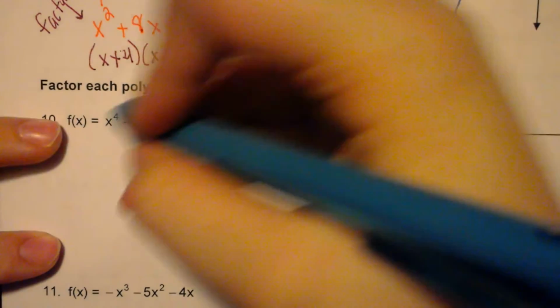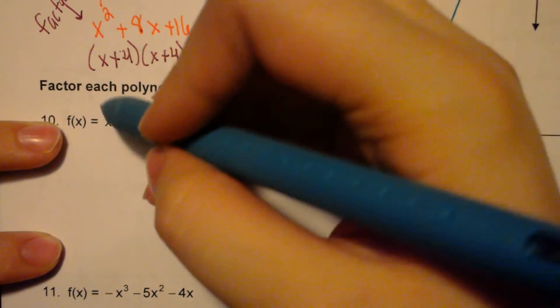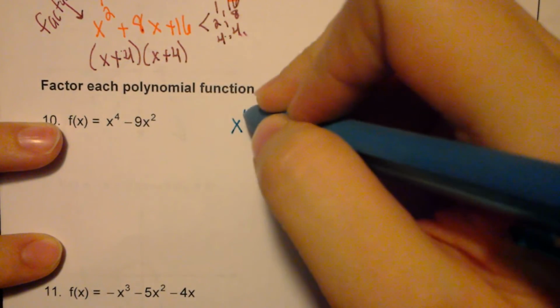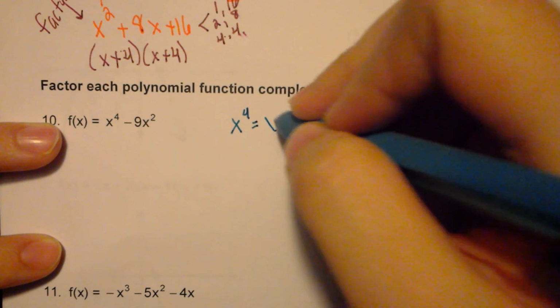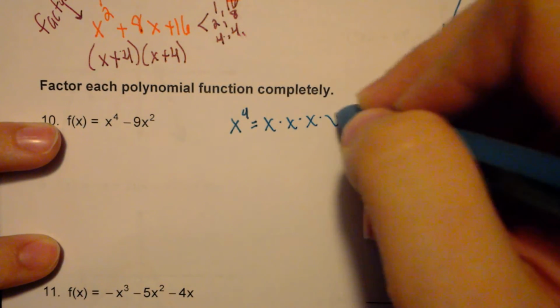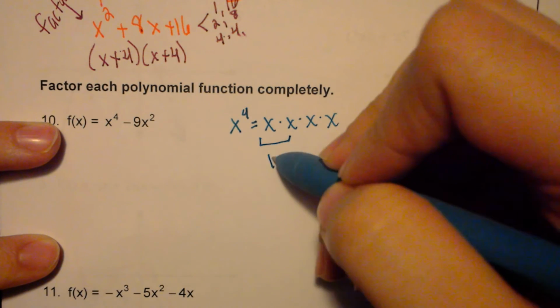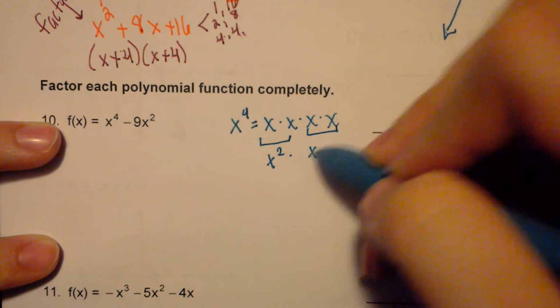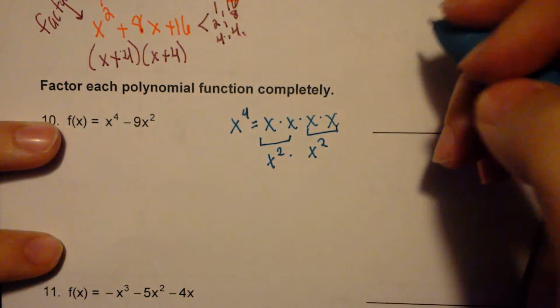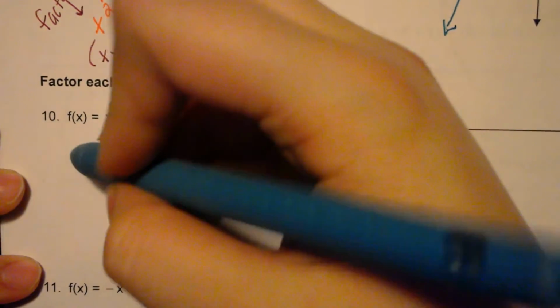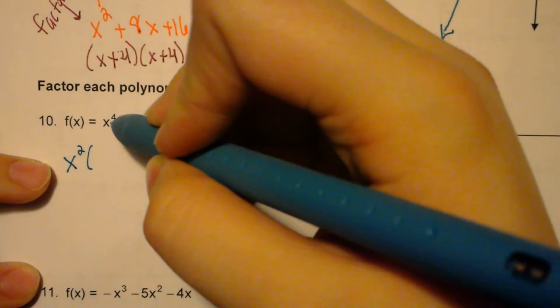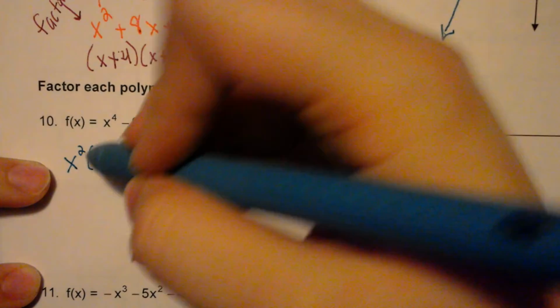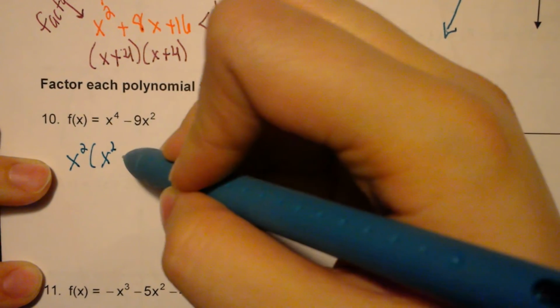So number 10, I have x to the 4th and x squared. I know I can take an x out. But x to the 4th is x times x times x times x. So that's x squared, that's x squared. So x to the 4th has an x squared in it. So I can take x squared out. X squared times x squared is x to the 4th.